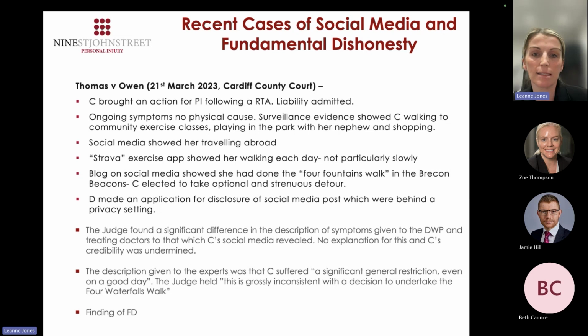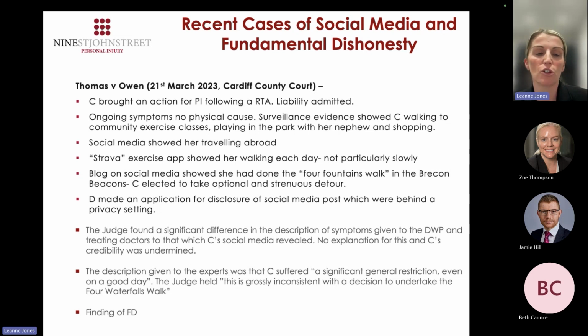particularly slow pace. So I'll pause there to say I'm covering social media in this talk, but please don't forget things like Strava. I'm sure there's various other exercise apps, particularly when most people now have an Apple Watch. There's apps where people compare their exercise, daily steps, whether they've closed their exercise and activity rings, and a lot of people will post about that.